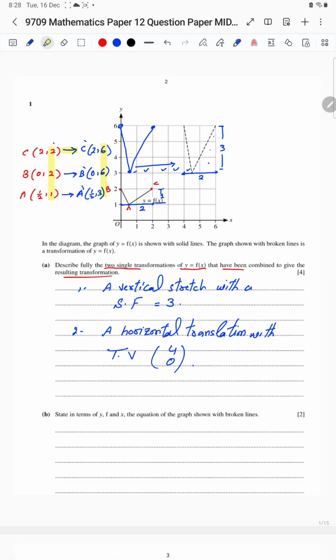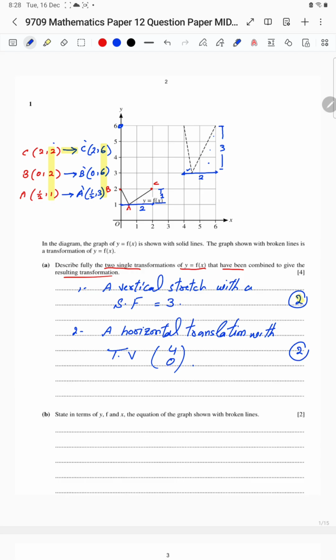We roughly plotted it here first, and then it has been translated to the right by 4 units. That means a horizontal translation has taken place with 4 units towards the right. So this is 2 marks for defining the stretch, and 2 marks for defining the translation. I hope it is clear.